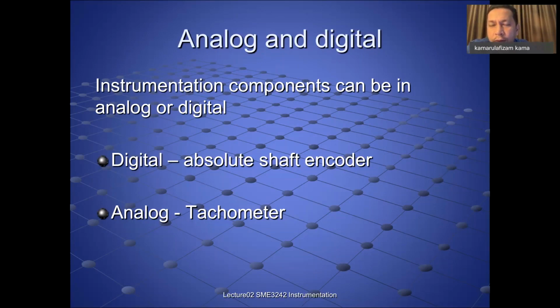You have only these two states, 0 and 1, low or high, 0 volt or 5 volt. So the system gives only these two outputs, compared to the analog system, which can give any voltage from 0 to 5 volts. That's the difference between analog and digital systems in instrumentation.